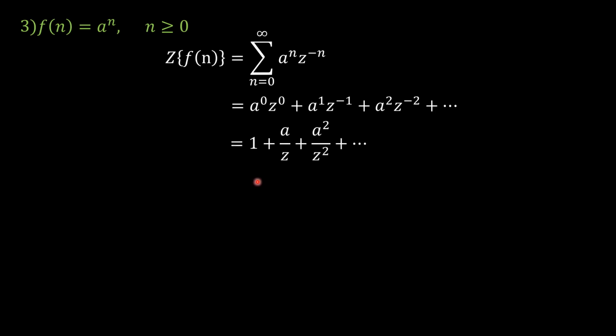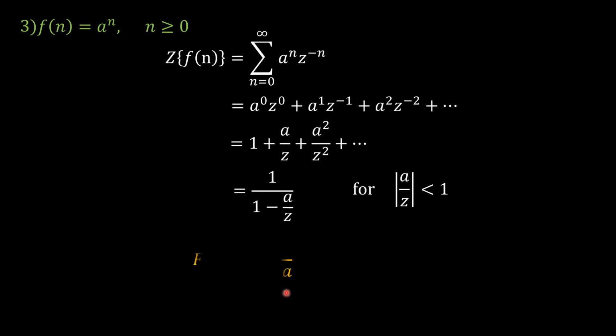Simplifying this expression, it will give us 1 plus a upon z plus a squared upon z squared plus so on, which is again in GP with common ratio a upon z, and hence this infinite sum is given by first term divided by 1 minus common ratio, that is 1 upon 1 minus a upon z, which is true for mod of a upon z strictly less than 1.